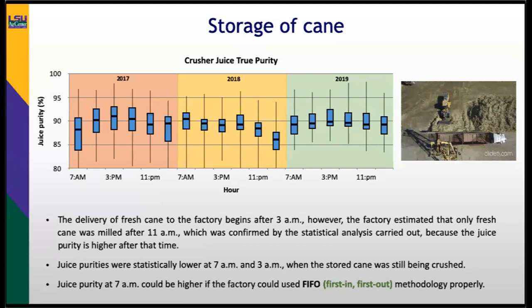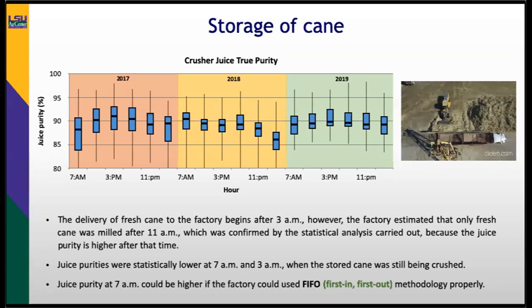In this specific factory, the delivery of fresh cane to the factory begins after 3 a.m. However, the factory estimates that they start grinding fresh cane only after 11 a.m. With this analysis, we confirmed by statistical analysis that the cane suffers deterioration during this time, and the juice purity is higher after 11 a.m. when they start grinding fresh cane.